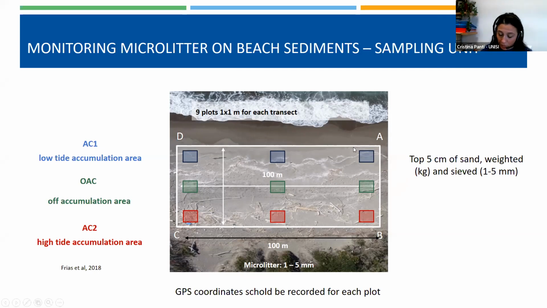Then I will show you in a second how we can collect the sand. We should sample the top 5 centimeters of sand, weigh and sieve. It's very important also to record the GPS coordinates for each plot in order to have the geographical distribution of the litter.